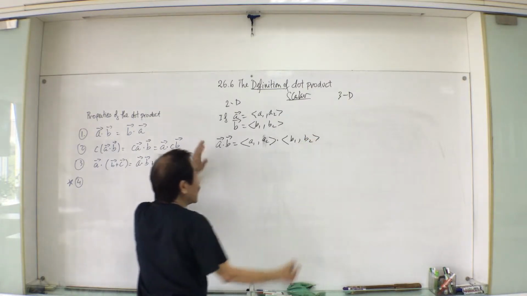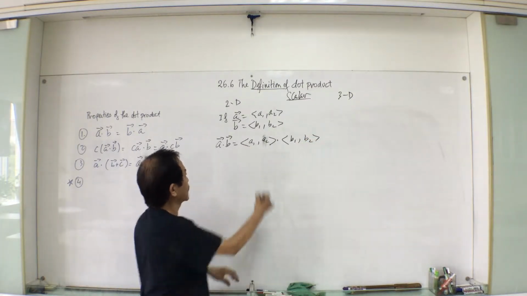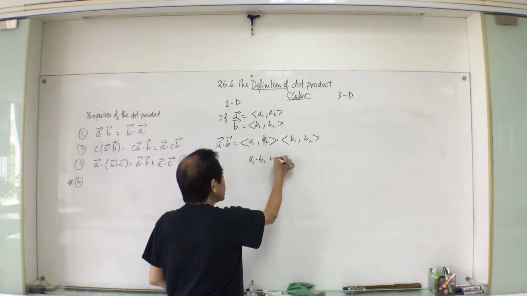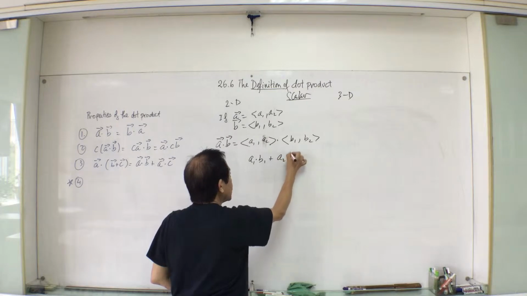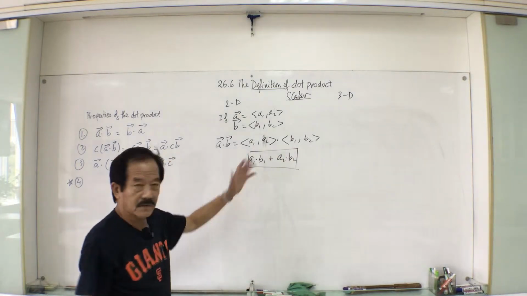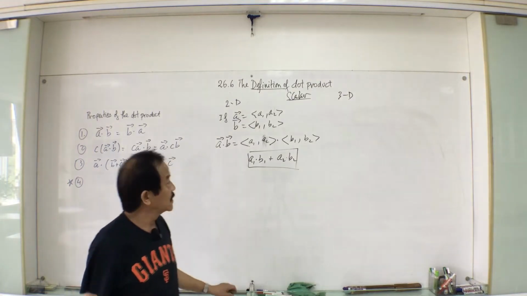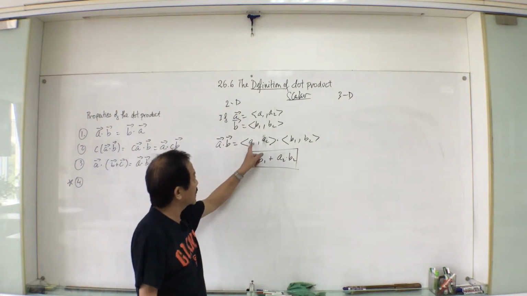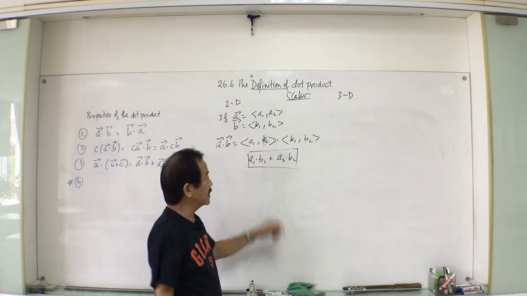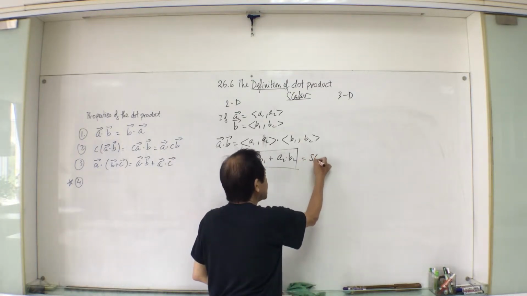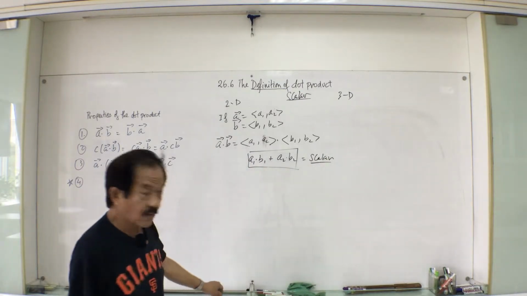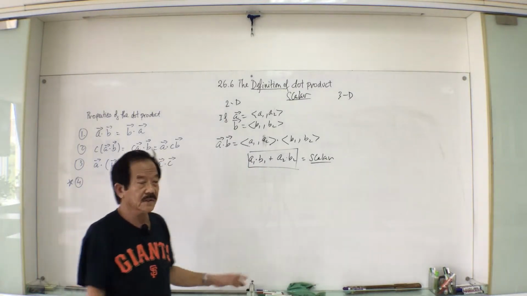The operation is A1 times B1 added to A2 times B2. You can see clearly this comes out to be a number, no more a vector, because A1 is a number, and when you multiply you get some number. So this is a scalar. The result of the dot product turns two vectors into a scalar.